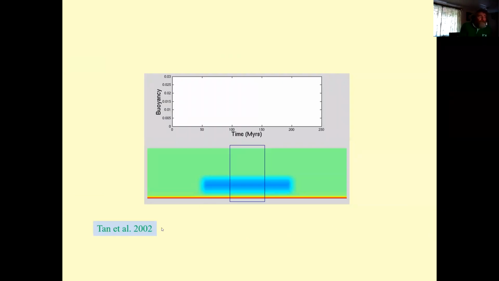And this is a Tan and Gurnis model showing you subduction zones along the core mantle boundary. These models tell us that when that happens, that blanketing effect generates plumes around the edges of the supercontinent.